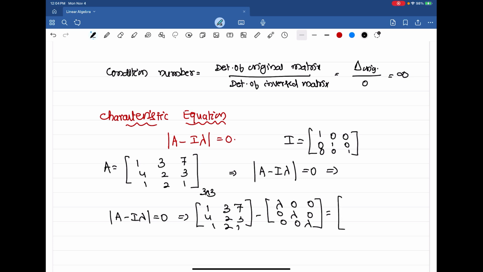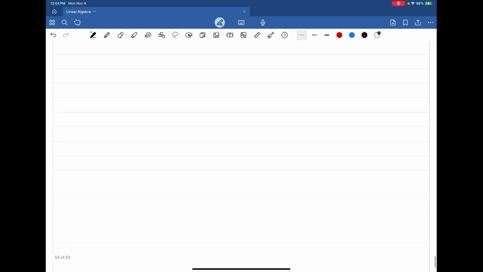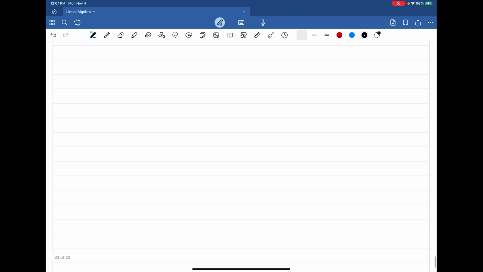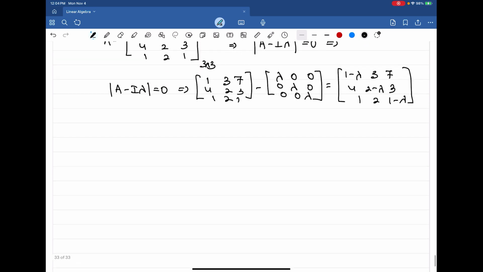The result will be 1 minus lambda, 3, 7, 4, 2 minus lambda, 3, 1, 2, 1 minus lambda. This is the matrix. Okay. Now we have to find the determinant of that matrix. What will be the determinant?